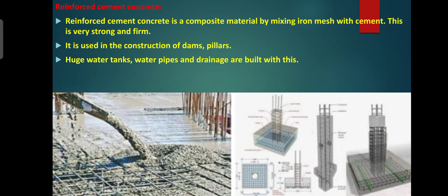Concrete is a versatile construction material which is obtained by hardening a mixture of cement, sand, gravel and water in well-proportioned quantities. As we all are aware, concrete has a very high compressive strength but low tensile strength.